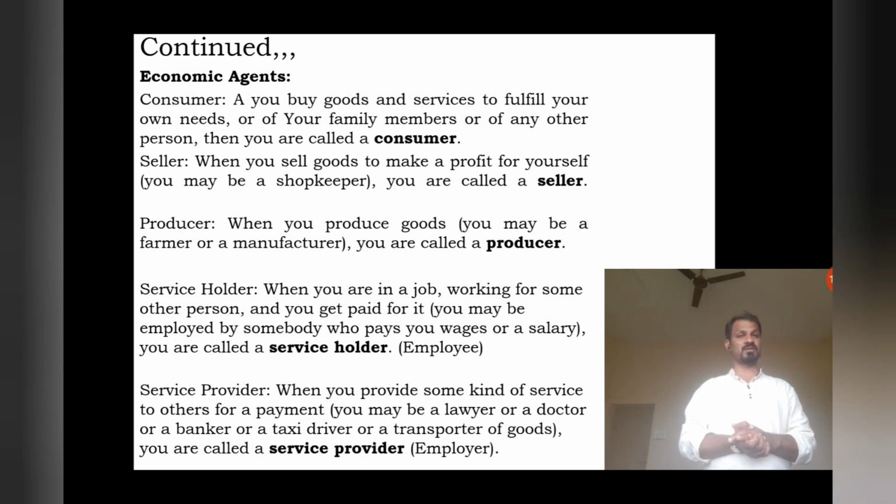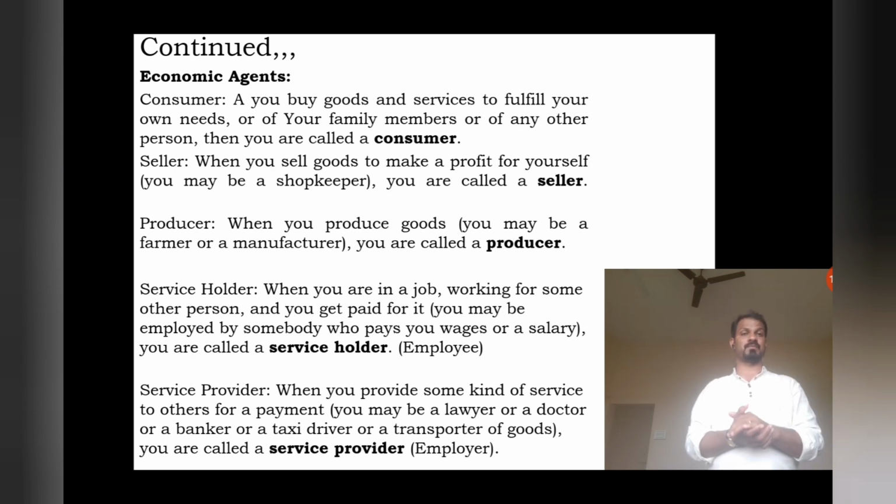Like producer. Here we call someone a producer when you produce goods and services. That means a manufacturer, such as the machinery-producing industries we can find.